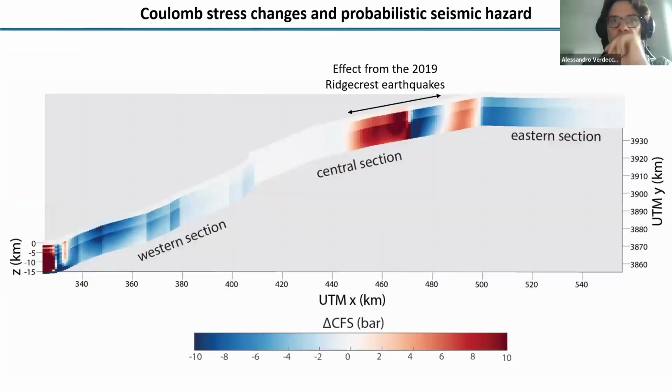So these are the results in a fancier 3D view. The stress accumulation on the Garlock fault is due to several preceding earthquakes, including the 2019 Ridgecrest earthquake that created this large stress increase, about a maximum of 10 bar.